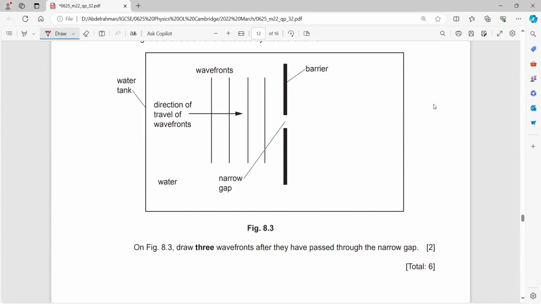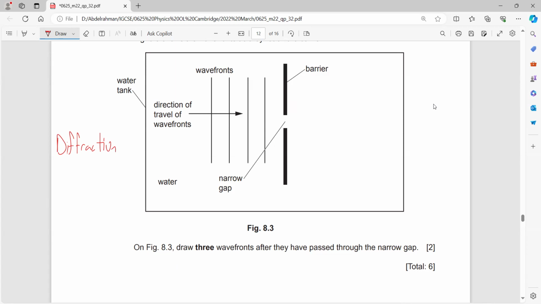The process is named diffraction. Okay. How will the waves diffract?